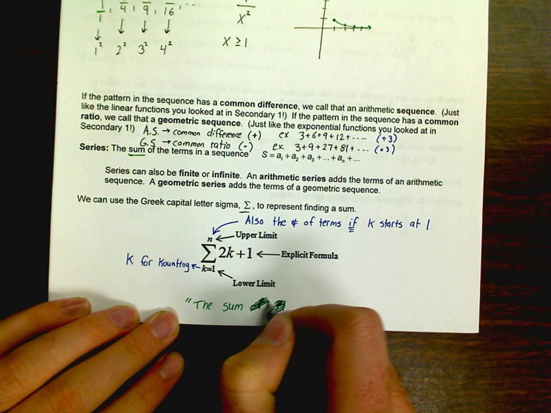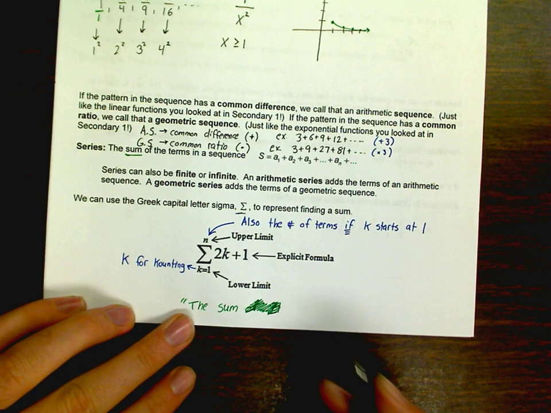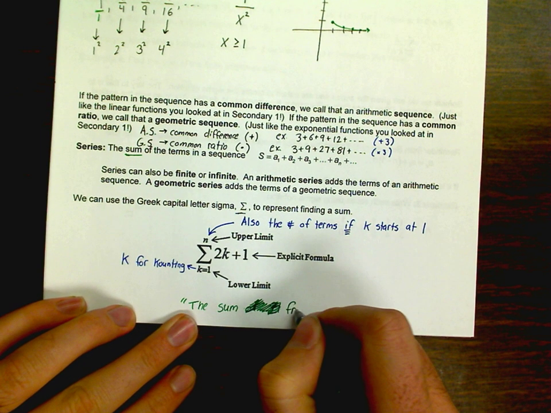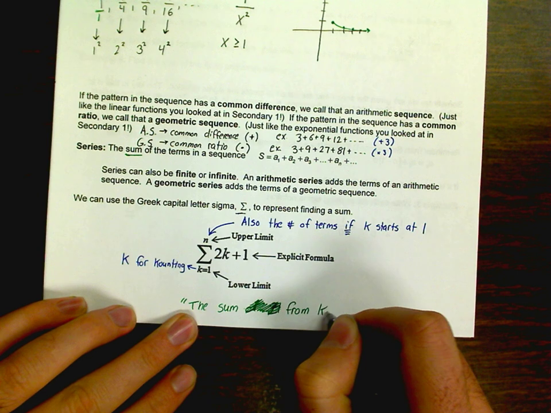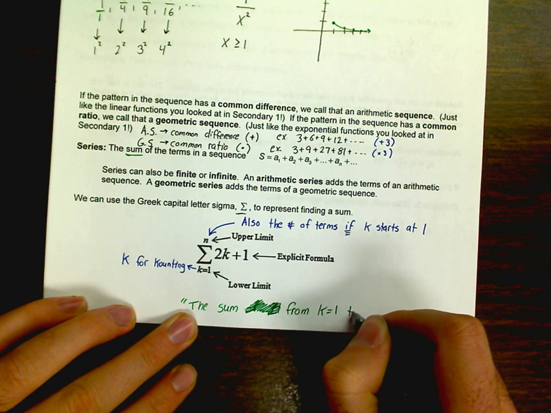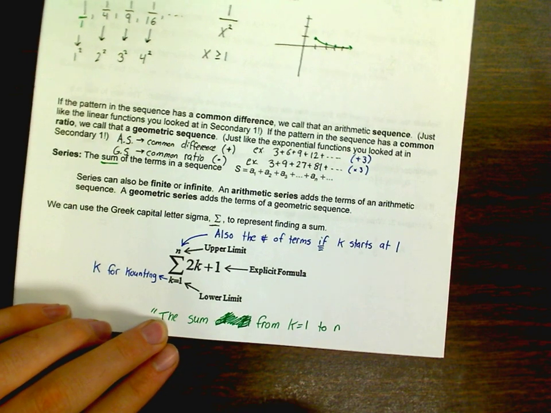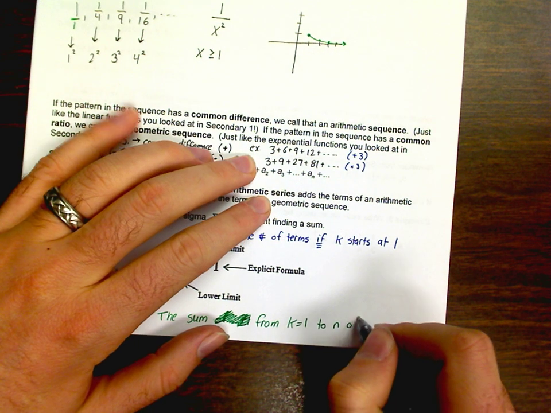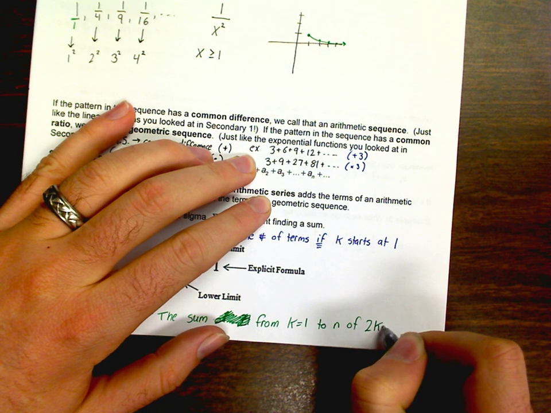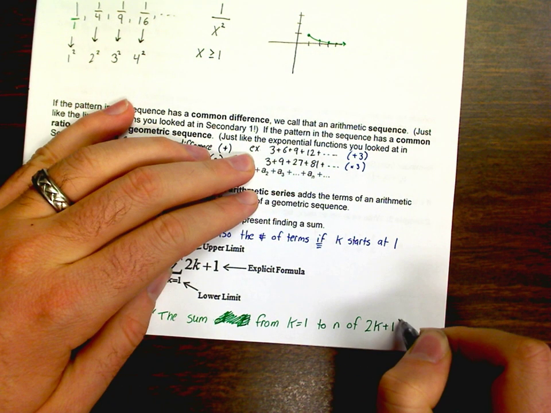Pretend that didn't happen. The sum from k equals 1 to n of 2k plus 1. That's how you'd say that.